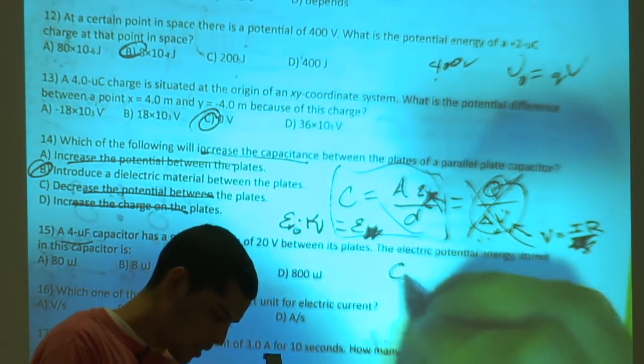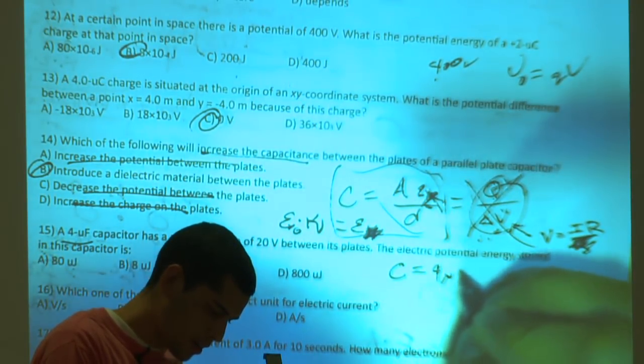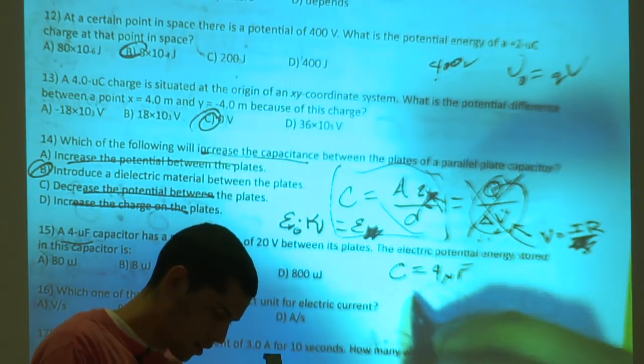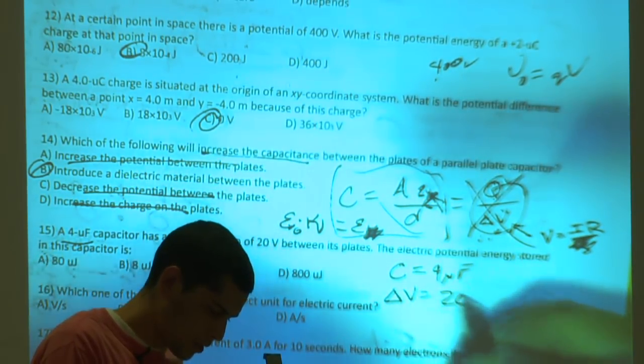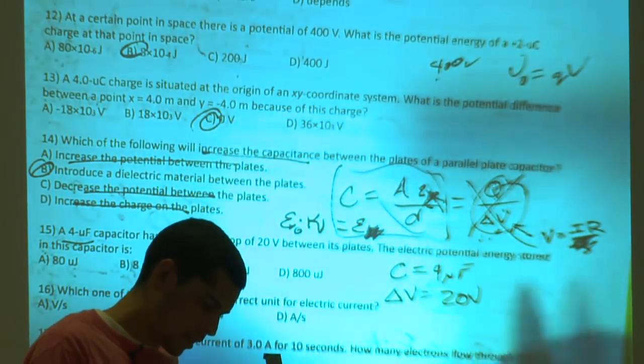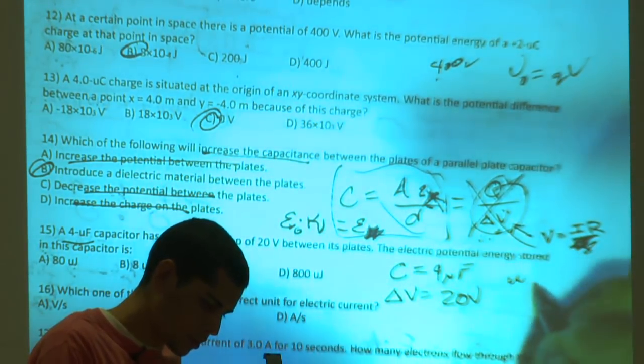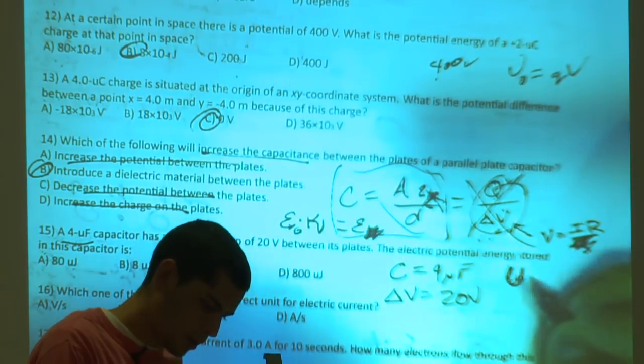So C equals 4 microfarads. We have a potential drop of 20 volts. The electric potential energy stored, okay, so big U is what?